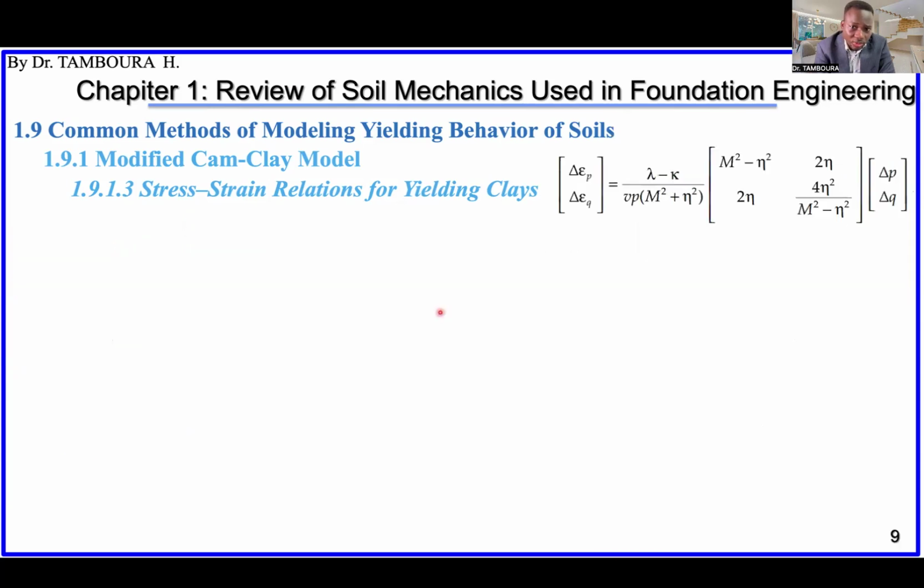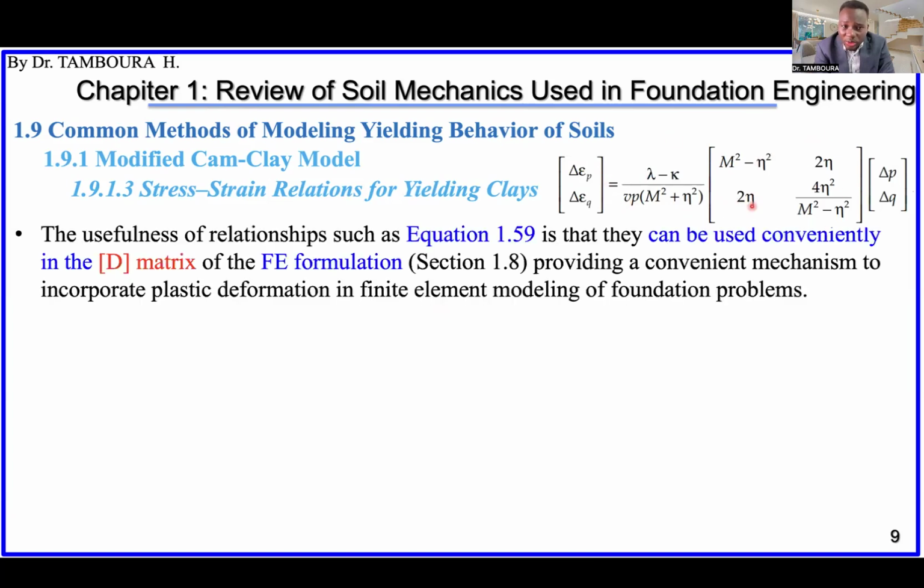If we have this equation, this is the equation we need to know to do our FEA formulation. It is useful because it can be used in the D matrix. If you remember, in section 1.8, and this is section 1.9, we talked about the D matrix.